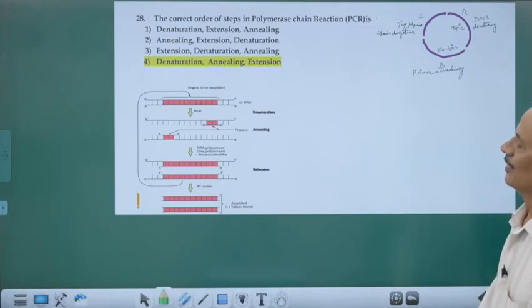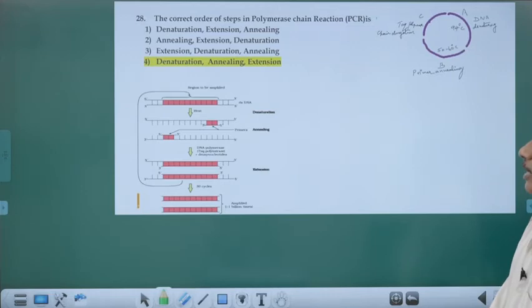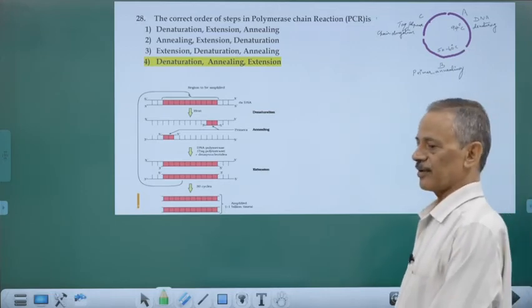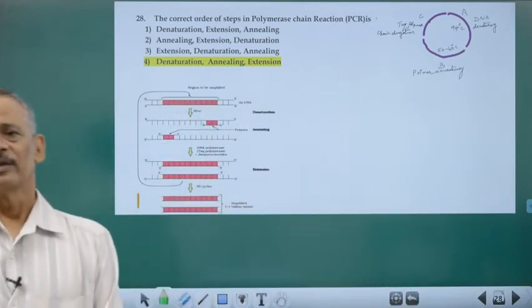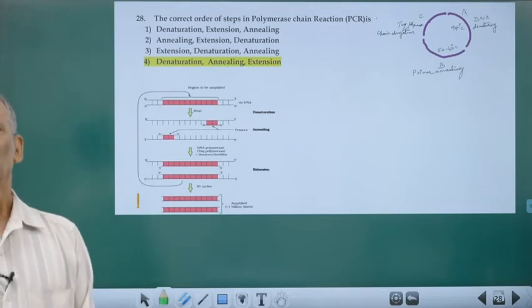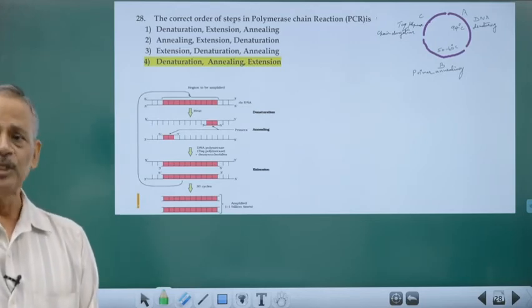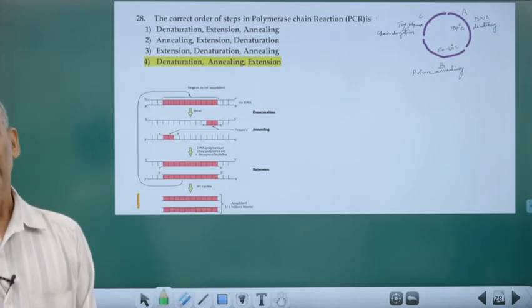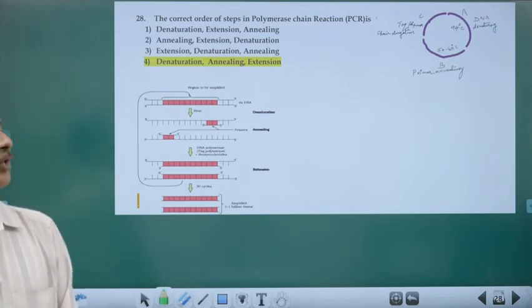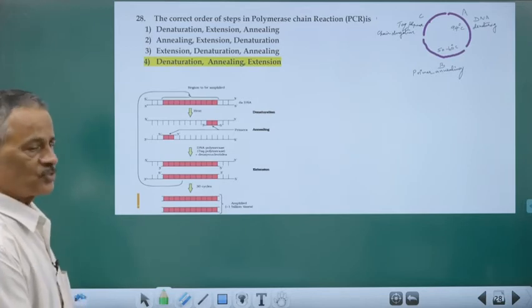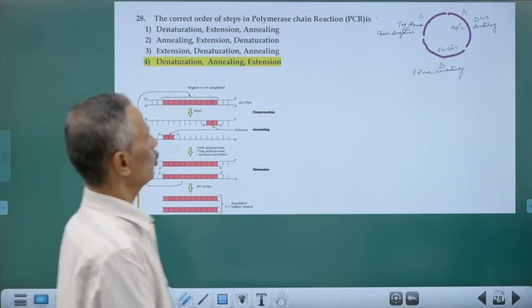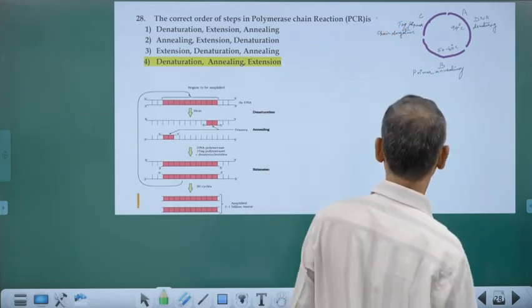Again, we have the same question in another form regarding PCR. The correct order of steps in polymerase chain reaction. It is because of PCR that we now have a chance of getting our human genome project done and having gene banks produced. Kary Mullis, his machine, the thermocycler, as I told you, has 3 steps.